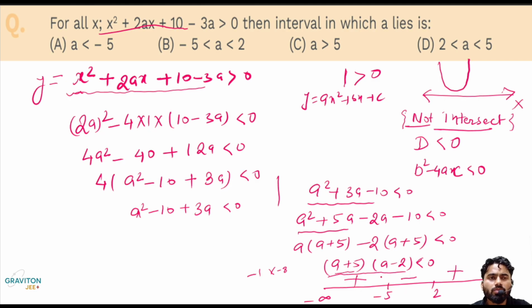So for satisfying this condition, your a should lie from minus 5 to 2. So which option is correct? Option B will be correct. Right. Now we will move to the next question.